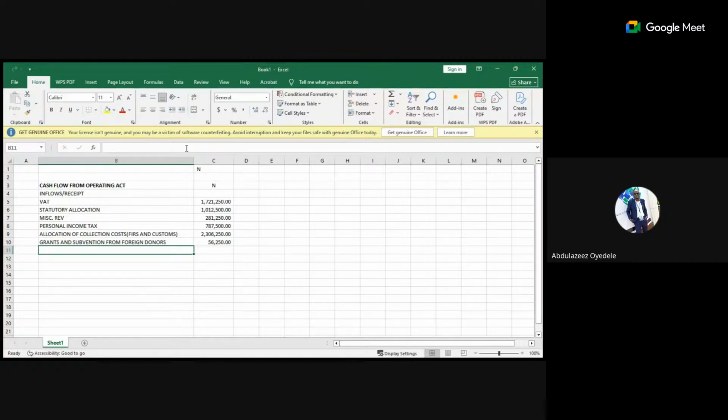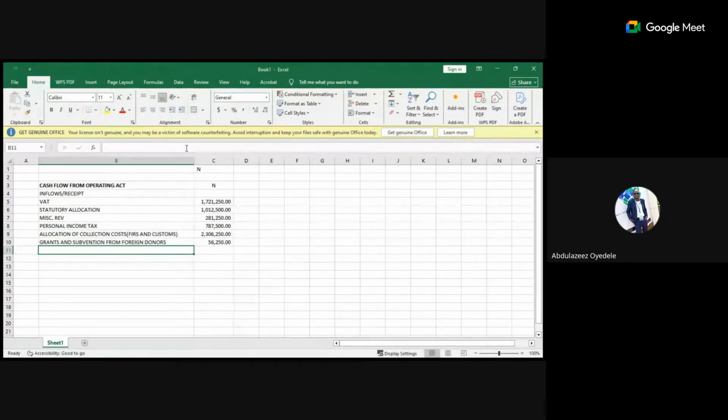Okay. So the next item there is overhead charges. This is a payment. MDA subvention, that is the subvention that the government pays to their ministries for them to run their activities. So it's a payment as well for the federal government. Sales of government property, a payment, and is even an investing activity item. Loans repayment, this is financing activity.